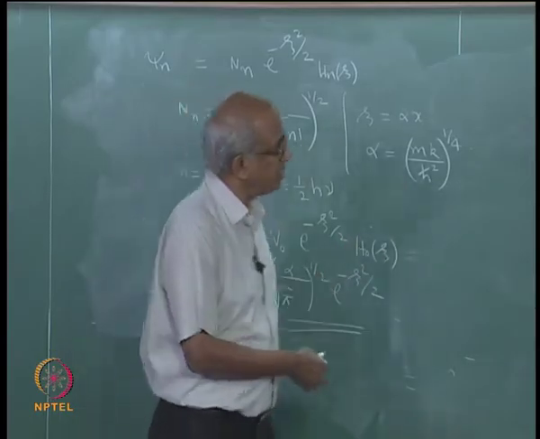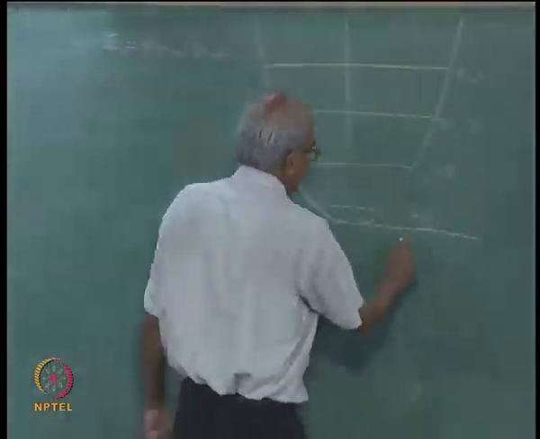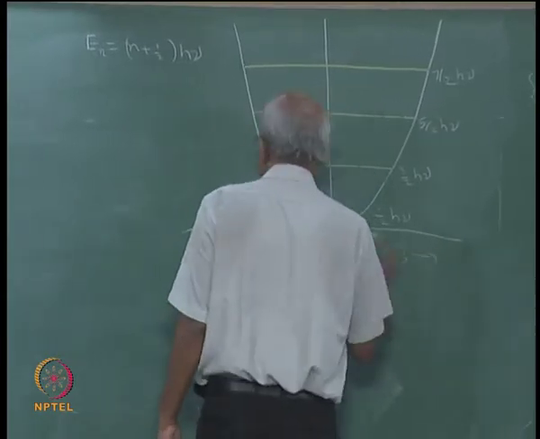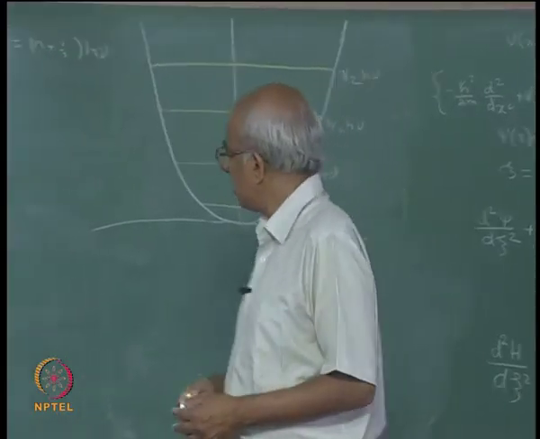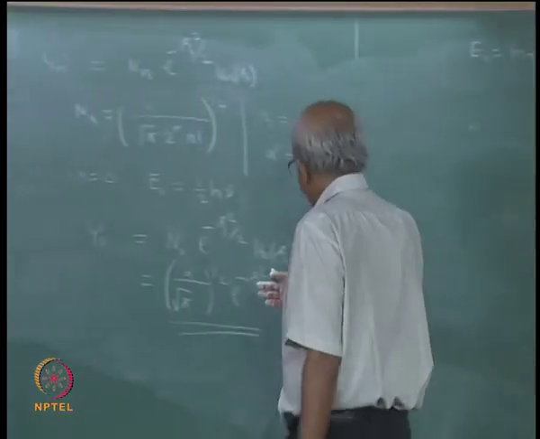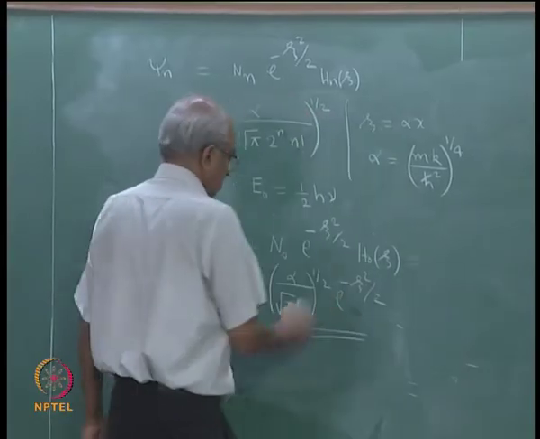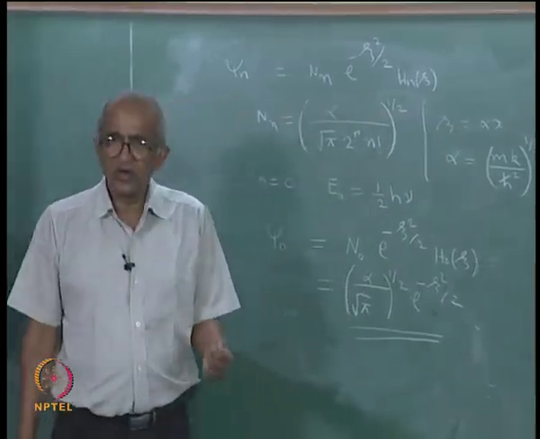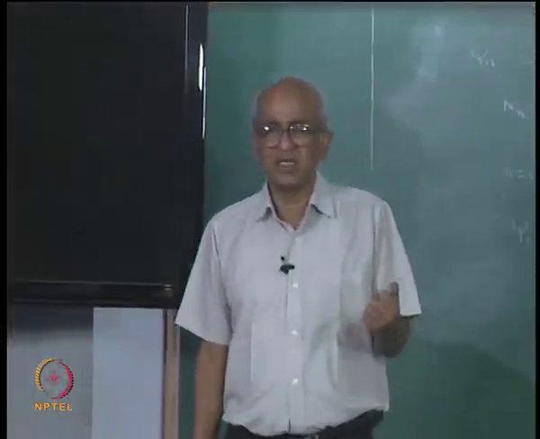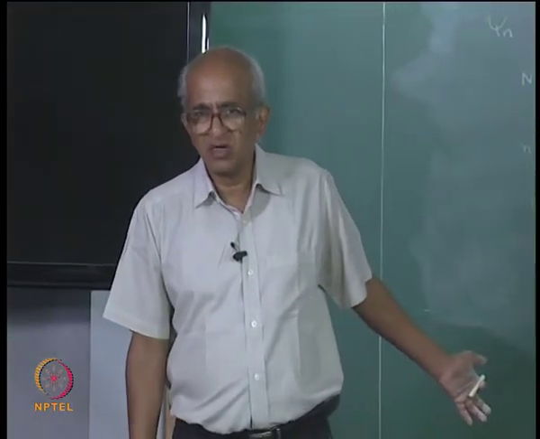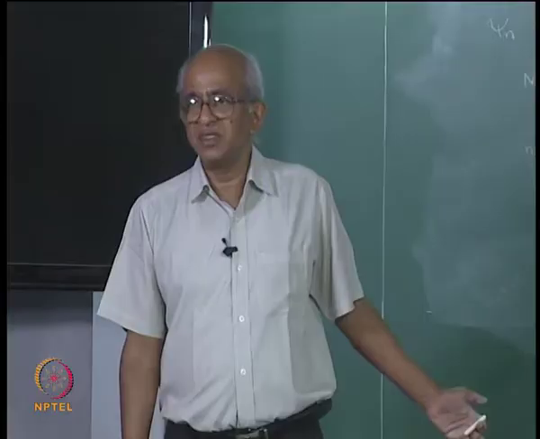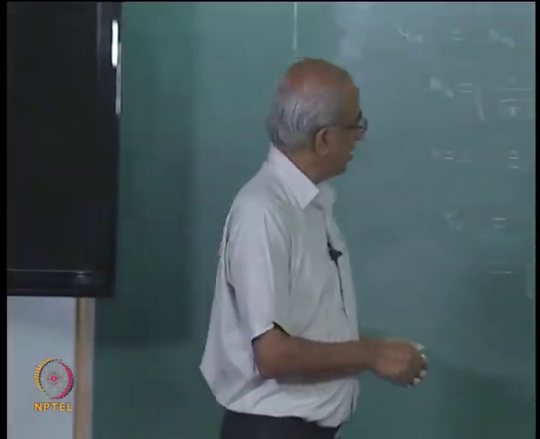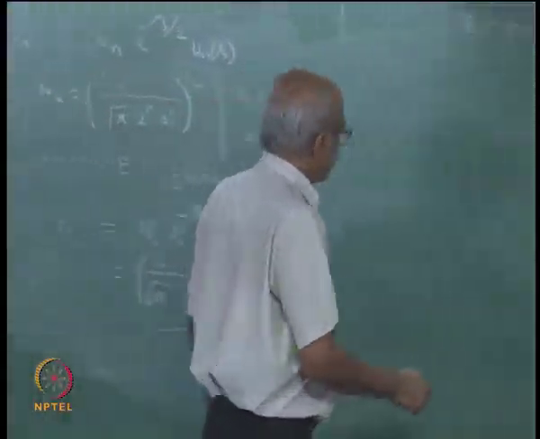So, therefore, what we can do is say c is my horizontal axis instead of x, because one is proportional to the other. And then suppose you make a plot of this function against x or equivalently against c, what is the answer that you are going to get? It is what is referred to as a Gaussian function, e to the power of minus c square by 2. So, if you make a plot of such a Gaussian function, what happens?